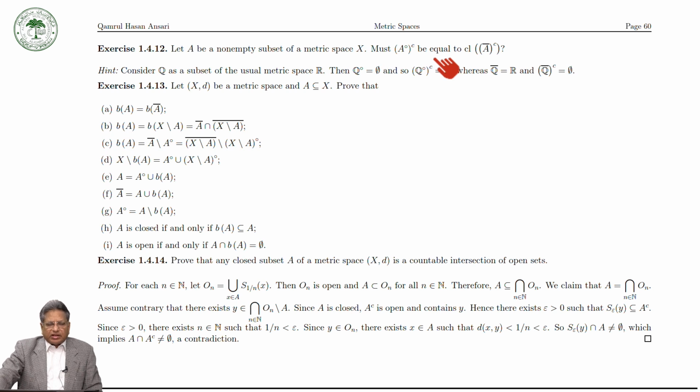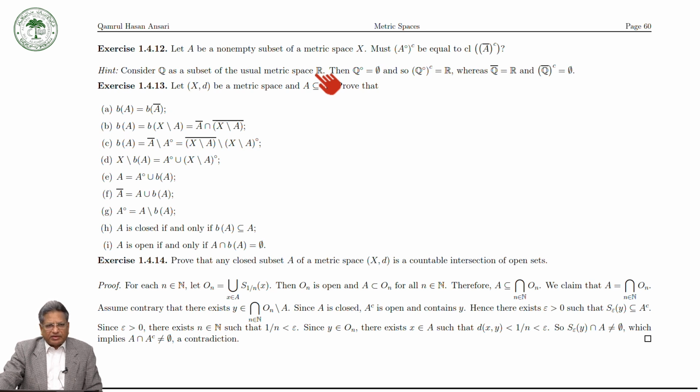So to show whether the complement of the interior of A is equal to the closure of the complement of A, we consider the set Q of rational numbers as a subset of R, and R is equipped with the usual metric.